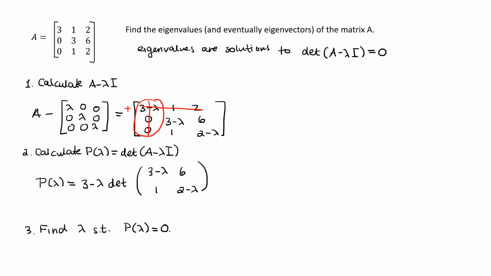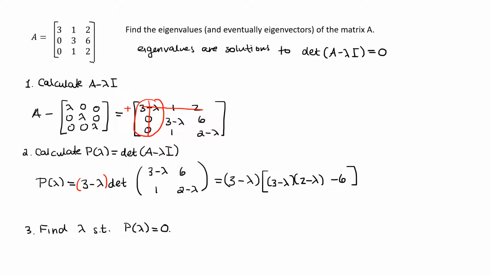So we are going to put parentheses around this so we know that we're multiplying 3 minus lambda by this whole determinant. Okay, and now we are ready to calculate: 3 minus lambda times (3 minus lambda times 2 minus lambda minus 6).